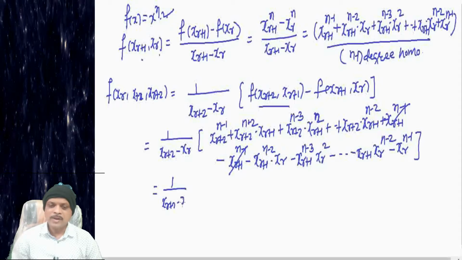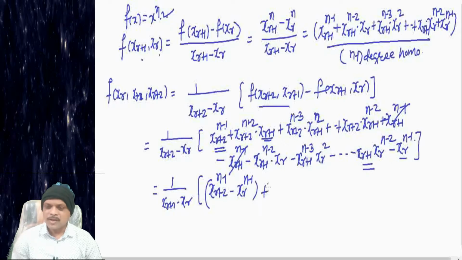Now 1 divided by x_{r+2} minus x_r into, look at this here, x_{r+2} raised to n minus 1 and x_r raised to n minus 1. This is one term, plus here x_{r+1} and here x_{r+1}, so x_{r+1} is a common factor and we get x_{r+2} raised to n minus 2 minus x_r raised to n minus 2.